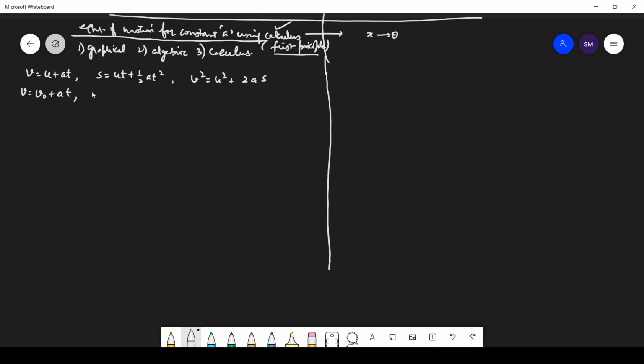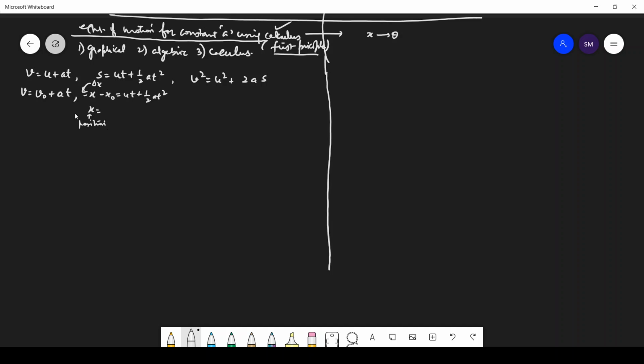And displacement, you can write it as x minus x naught is equal to ut plus half at square, and further x is the final position.